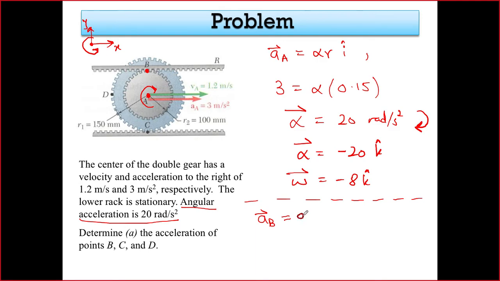A... Tala to the rescue of the whole class. Yes, go ahead Tala. Plus alpha cross R. Cross R. What is R? Which vector will it be?